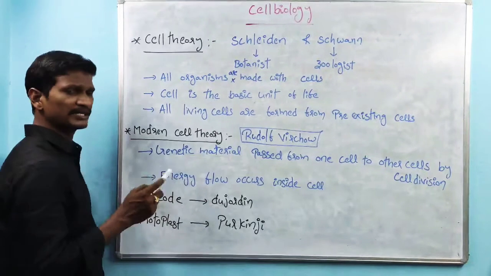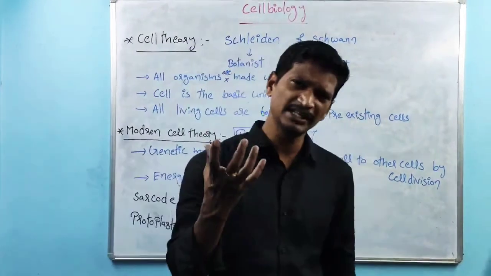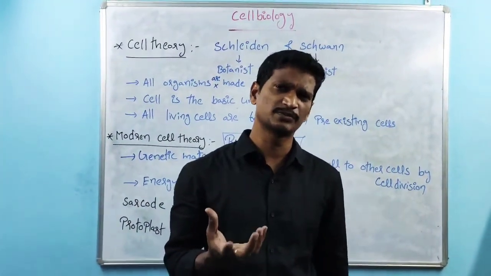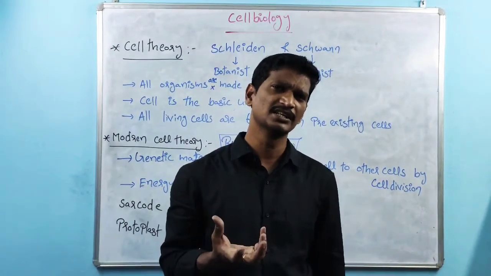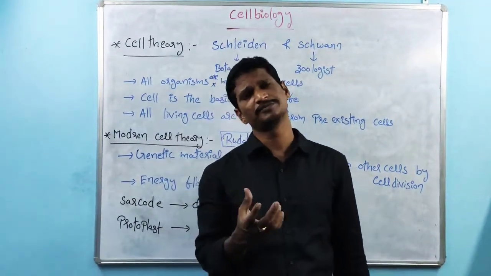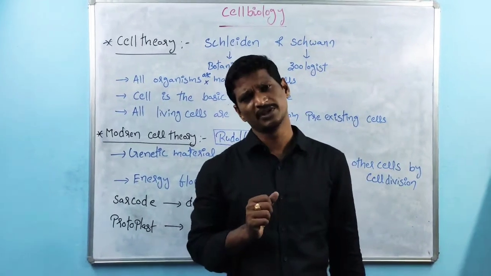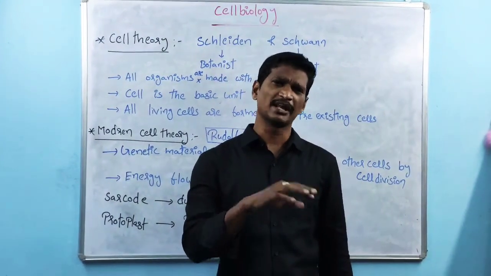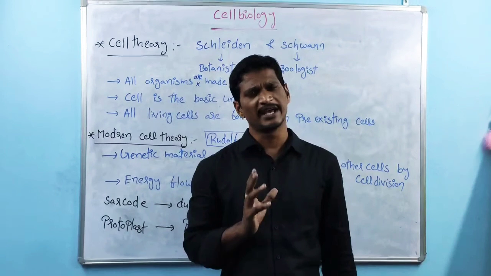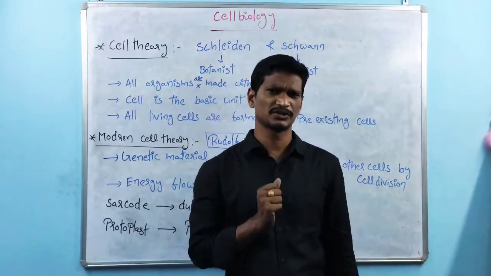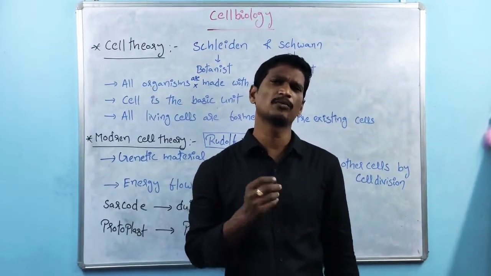And energy flow occurs inside the cell. That is, in any living cell, energy production takes place inside the cell. Last class we discussed metabolism. Metabolism is the combination of anabolism and catabolism. Anabolism is the synthesis process. Photosynthesis is anabolism.